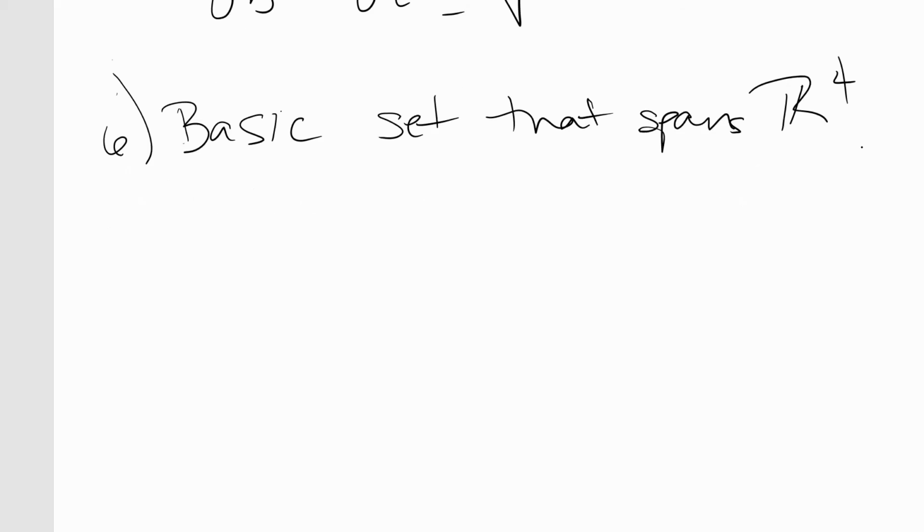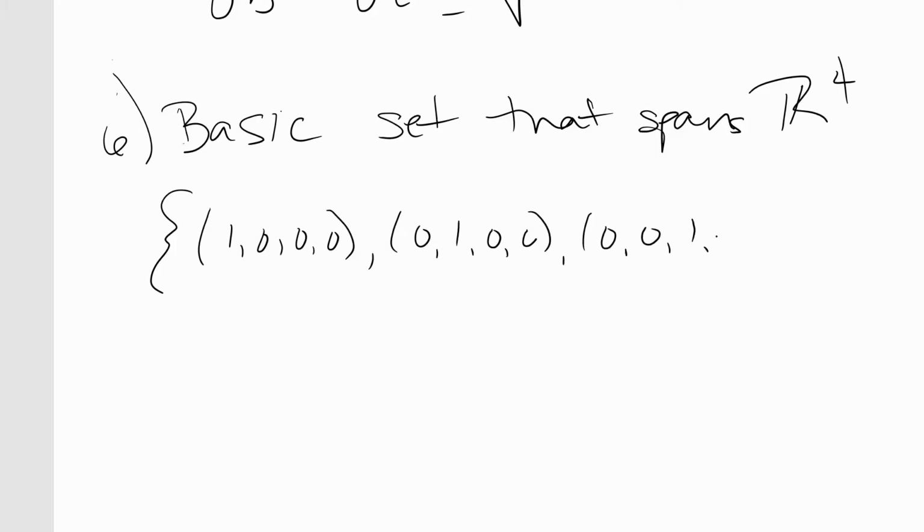If I am asking for a set, make sure you give it to me in braces. I want something that spans R4. When I add them together, I want to get something in R4, which means these have to be 4-dimensional ordered quadruples. So it would be 1, 0, 0, 0, comma 0, 1, 0, 0, comma 0, 0, 1, 0, comma 0, 0, 0, 1.